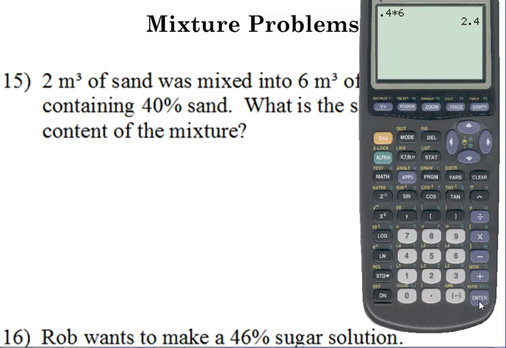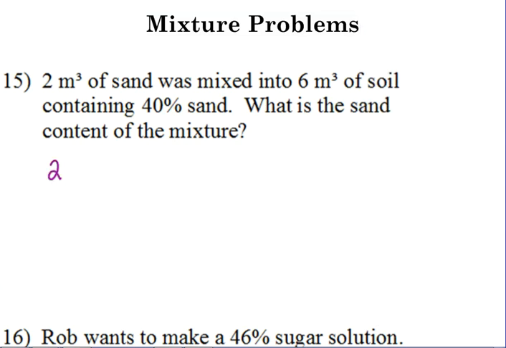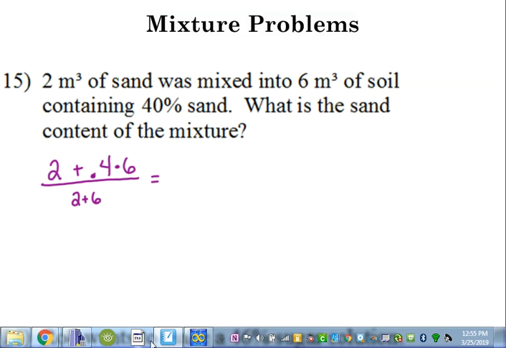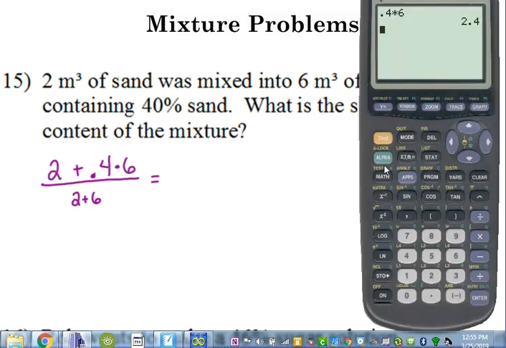Okay, so if we're going to set this problem up, we have 2 cubic meters of sand plus 0.4 times 6 cubic meters over how many cubic meters do we have in total? 8. Okay, so over 2 plus 6. And that is going to equal our amount, or the sand content.